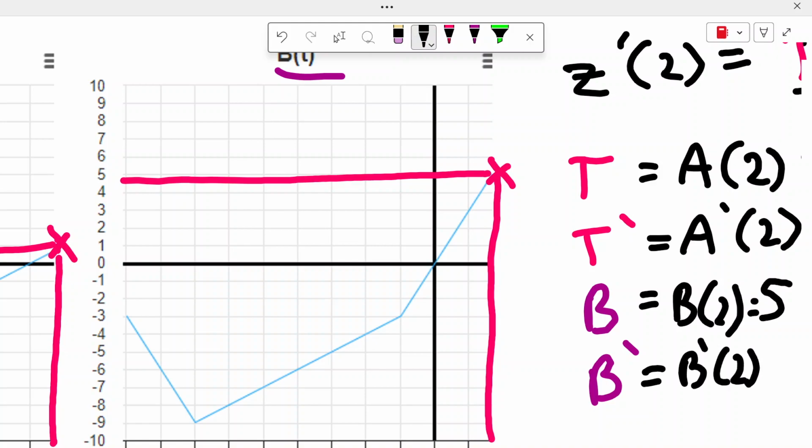And the gradient of that particular line is, if we start here, for instance, we move across 1, and we go up by 1, 2, 3. So our gradient here is equal to 3.